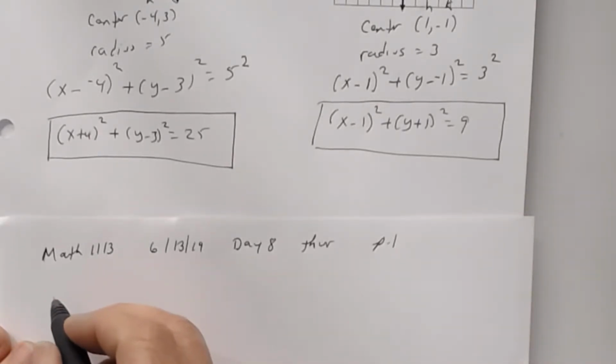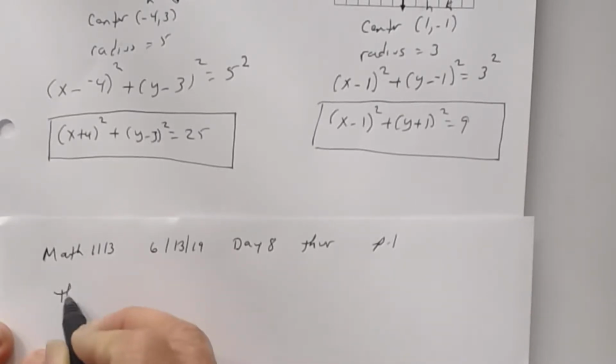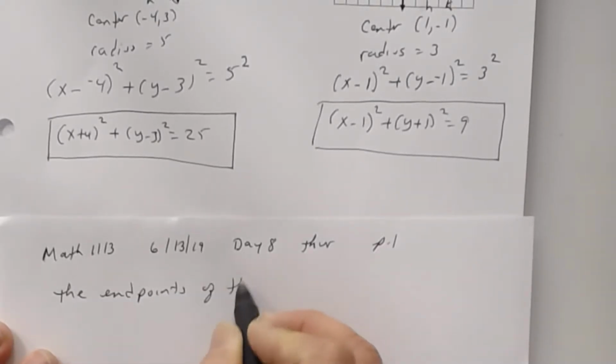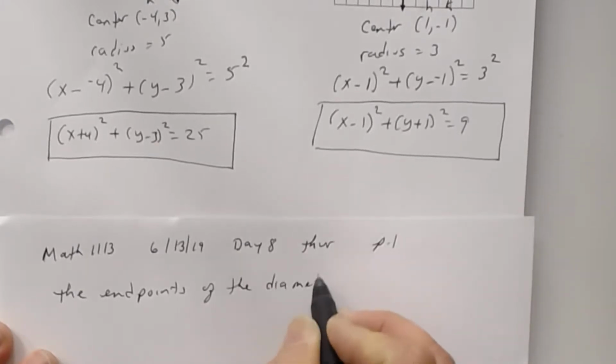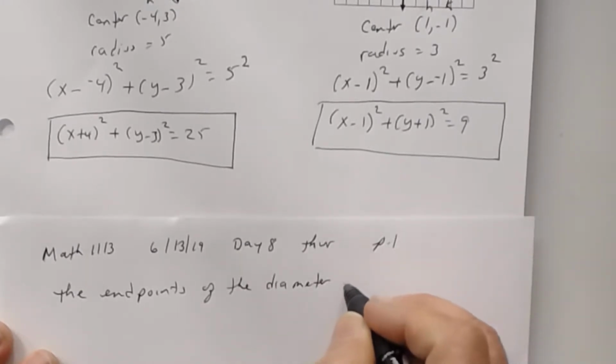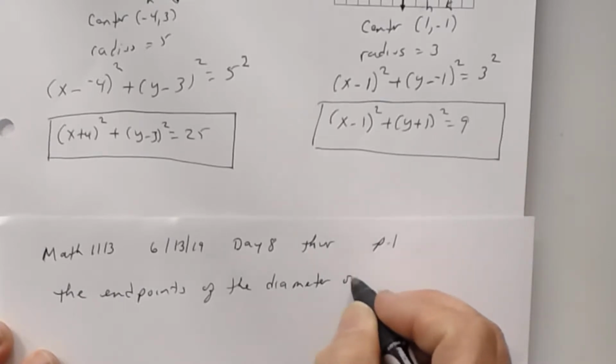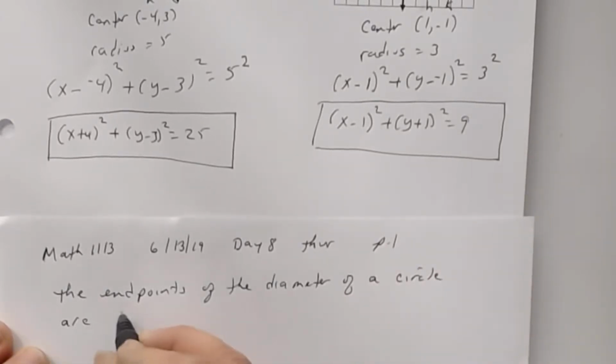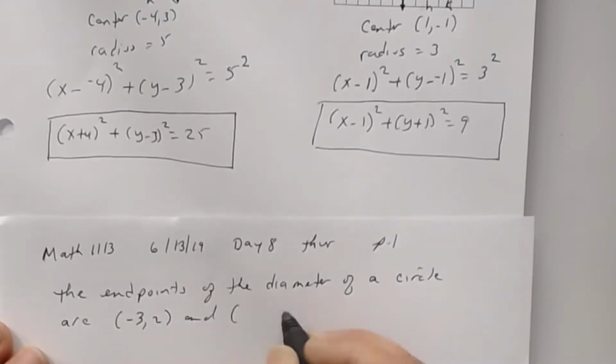Suppose that all you're told is that the endpoints of the diameter of a circle are, let's say, -3, 2, and, I have to make sure I choose nice numbers, let's say -1, 7.